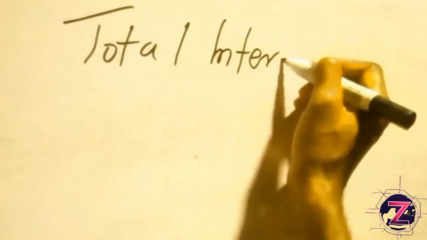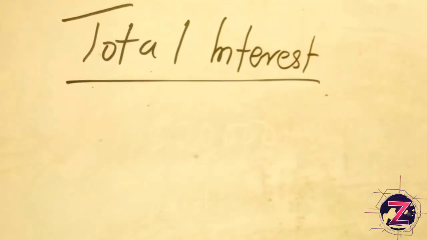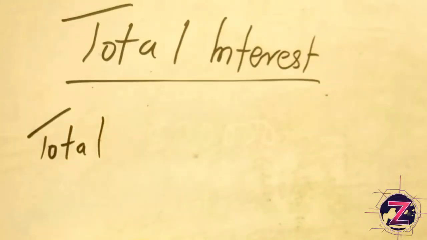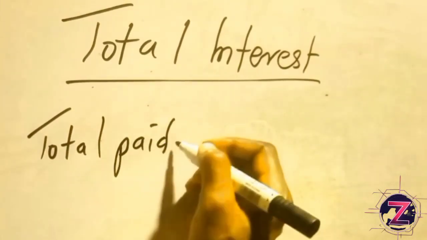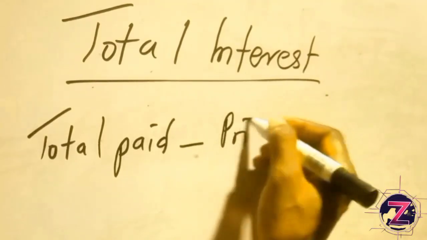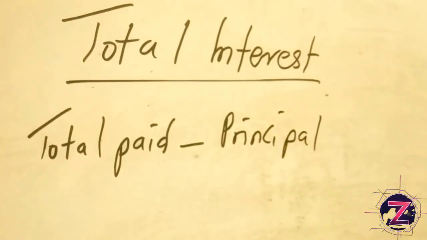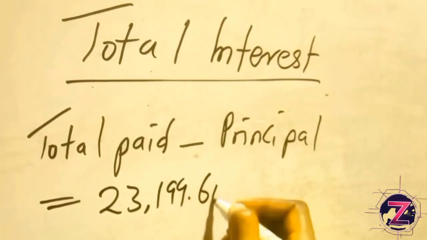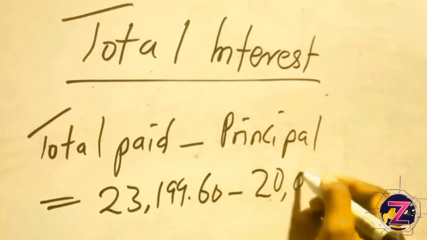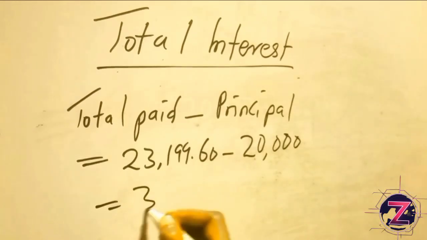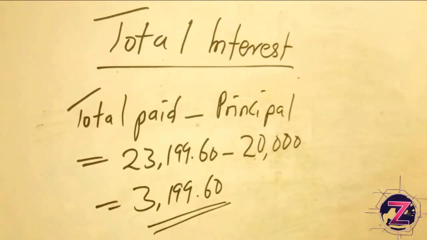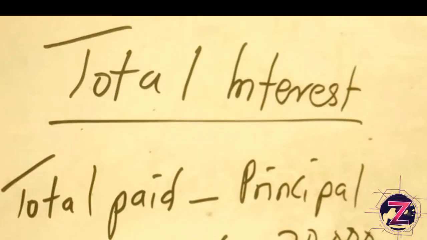Total interest paid is equal to total amount paid minus principal amount received, which is $23,199.60 minus $20,000, giving us a total of $3,199.60 as our total interest paid.